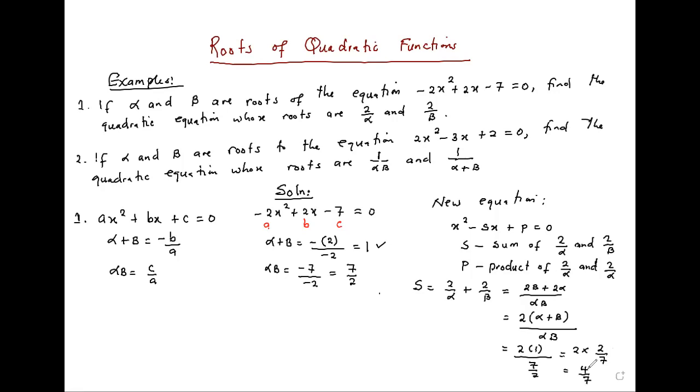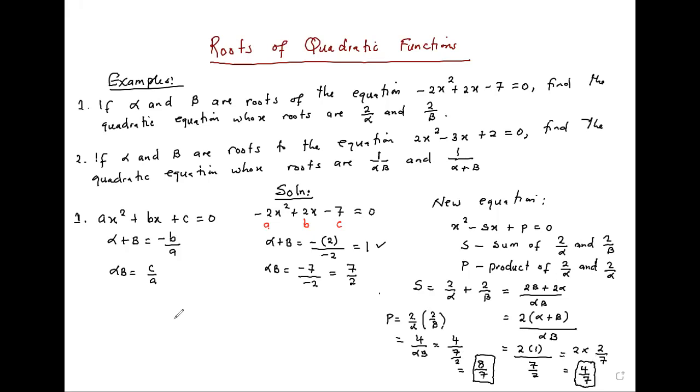The product, P, is 2 over alpha multiplied by 2 over beta. This is 4 over alpha beta, which is 4 over 7 over 2, which is simply 8 over 7. So this is the product and this is the sum.